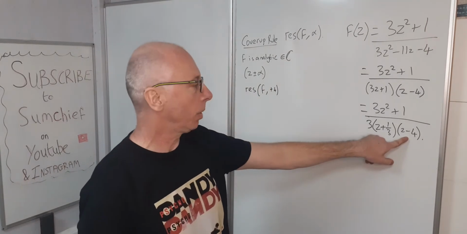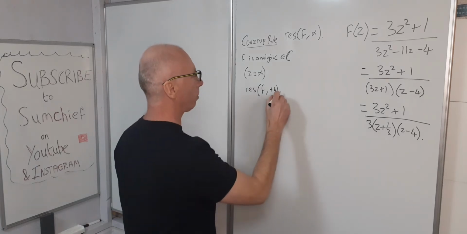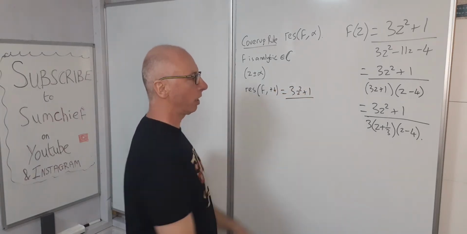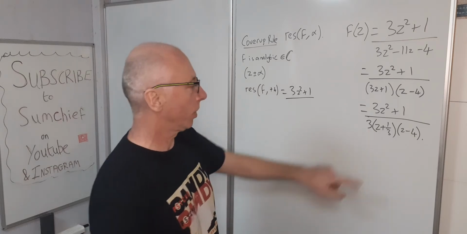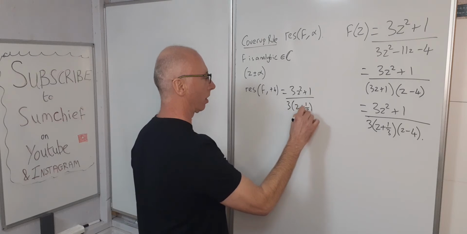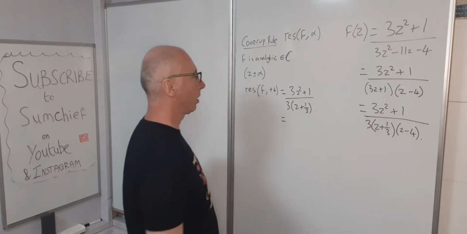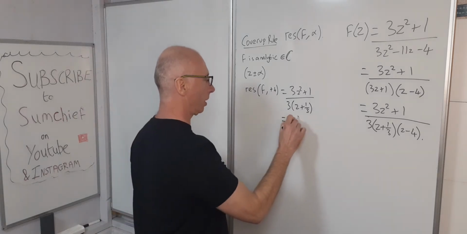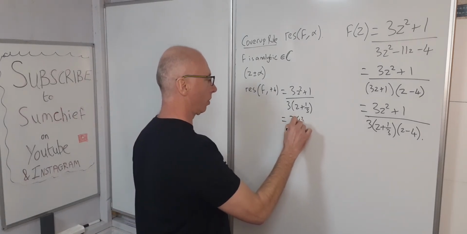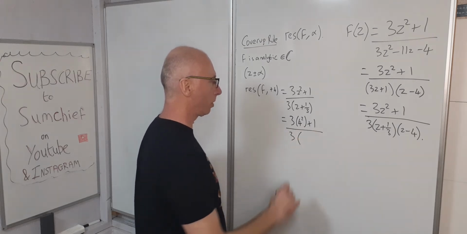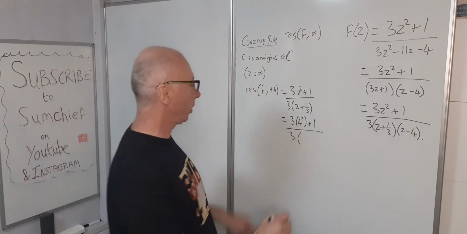This is now going to disappear. So now we write 3z squared plus 1 over 3 times z plus a third. That will give us, plugging in the value of plus 4, 3 times 4 squared plus 1 over 3 times 4 plus a third.